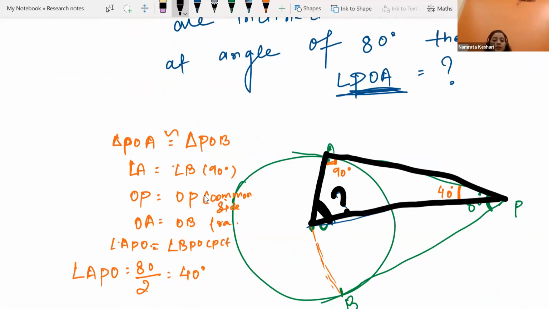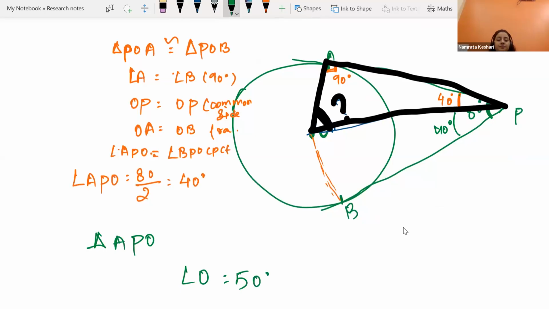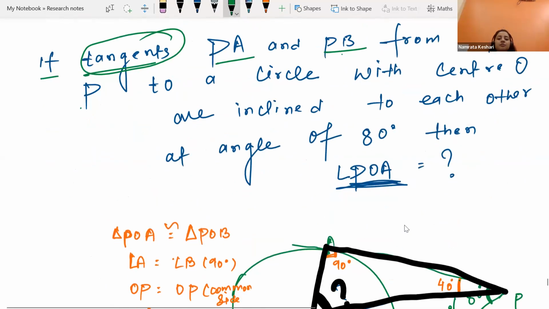So if the total angle is 80, then this part will be 40 and this part will be 40. Getting it? If this is 40, this is 40, then easily we can focus on this triangle APO and find angle O will be 50 degrees, right? That's what we have to find.